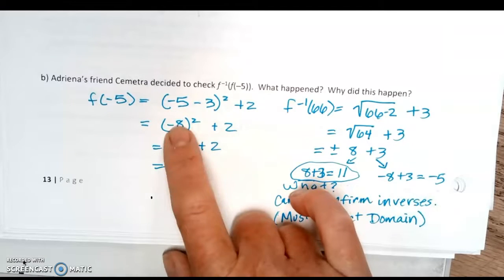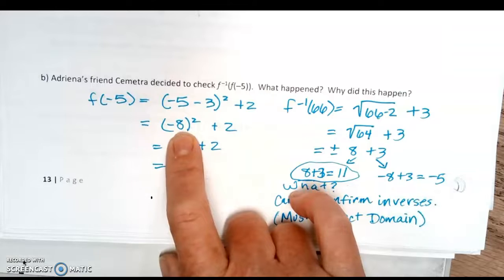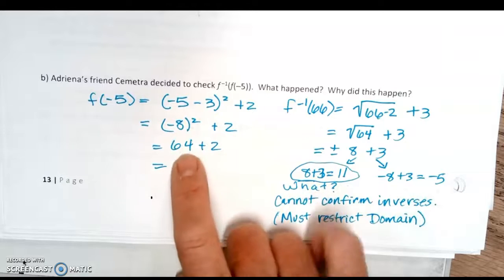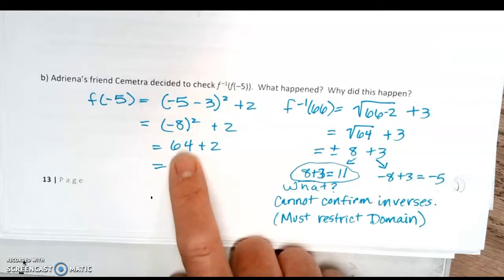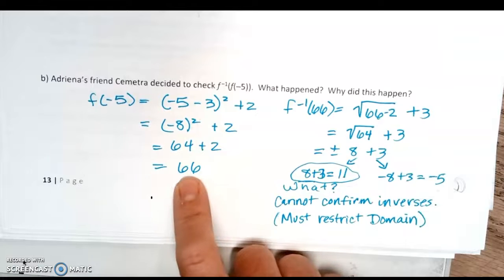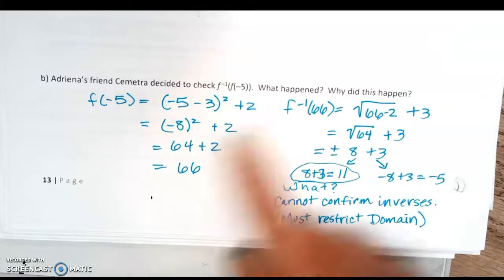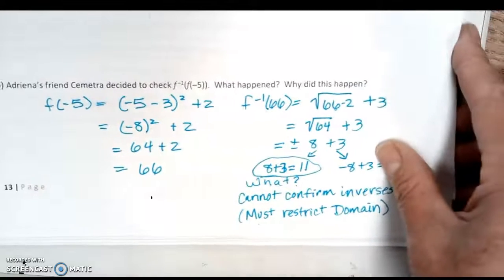Negative 5 minus 3 is negative 8. Negative 8 squared is 64. And then 64 plus 2 is 66. When we get 66 as our answer, we're going to plug that into our inverse.